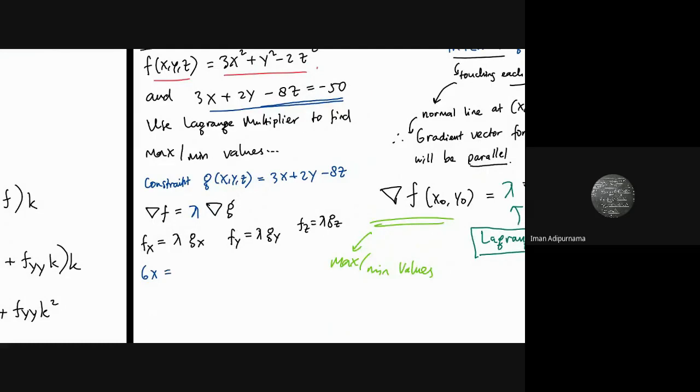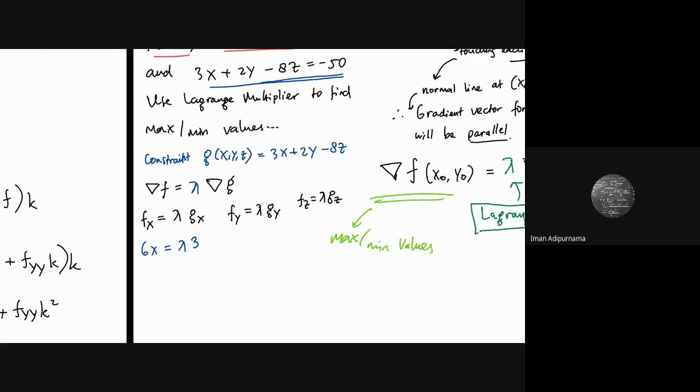And this is Lagrange, and then the partial of g will be 3. Or you can say the symbol is lambda actually.